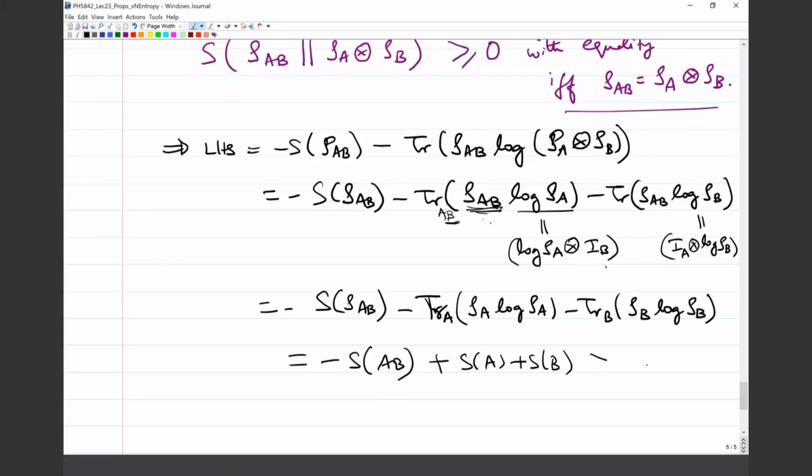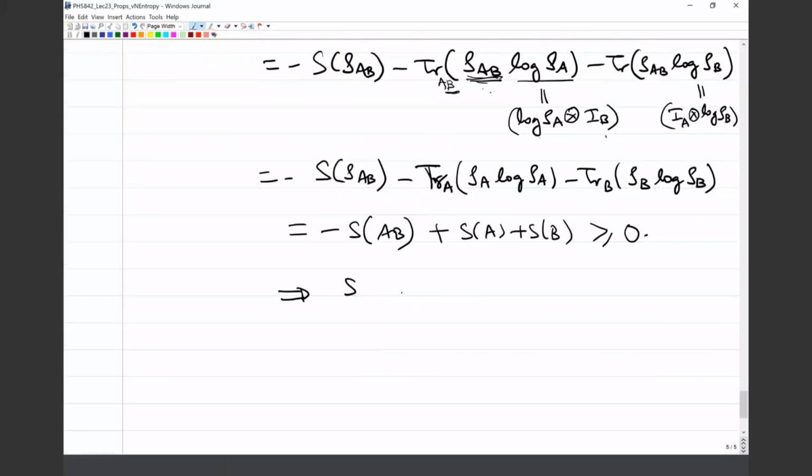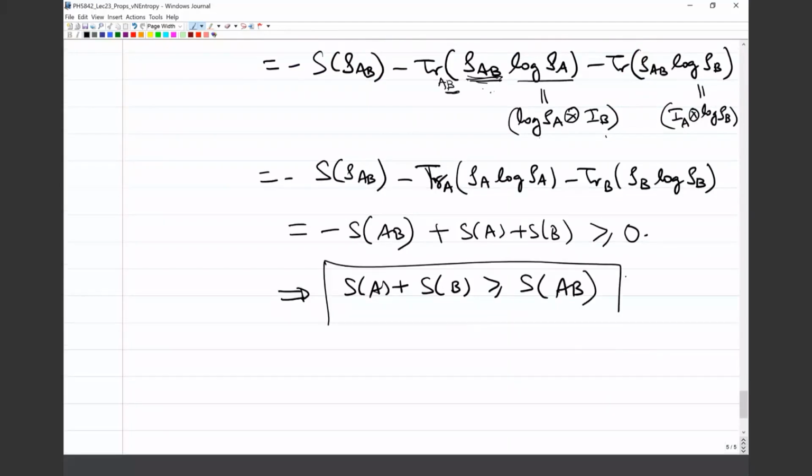This is always positive. So this means that S of A plus S of B is always greater than or equal to S of AB. Okay. And of course, we've already discussed this equality condition: equality if and only if rho AB factors into a tensor product state across A and B, right?